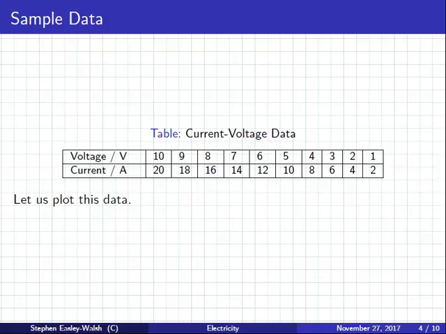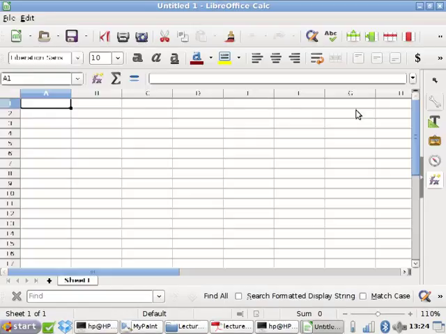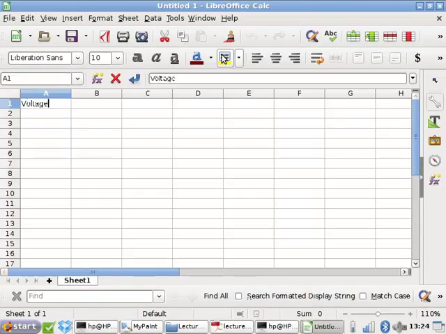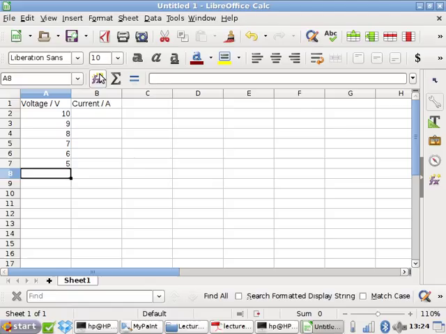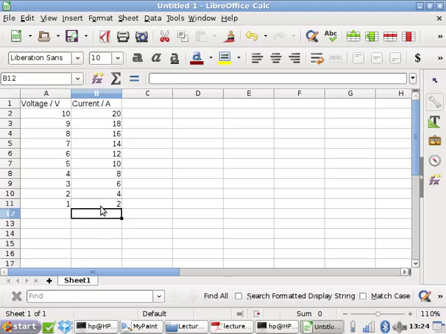Okay, let's have a look here. So, voltage in volts, current in amps, 10, and then 9, 8, 7, 6, 5, 4, 3, 2, and 1, yeah? Right, let me make the graph here.